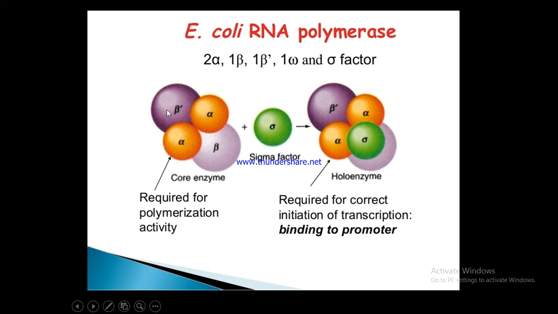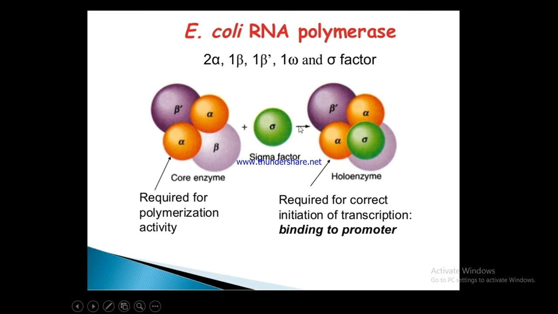There are multiple subunits involved, like you can see here: 2 alpha, 1 beta, 1 beta dash, 1 omega, and the sigma factor. Except for the sigma factor, the other units together are known as the core enzyme. And when we combine the sigma factor with this, we know it as the holoenzyme.